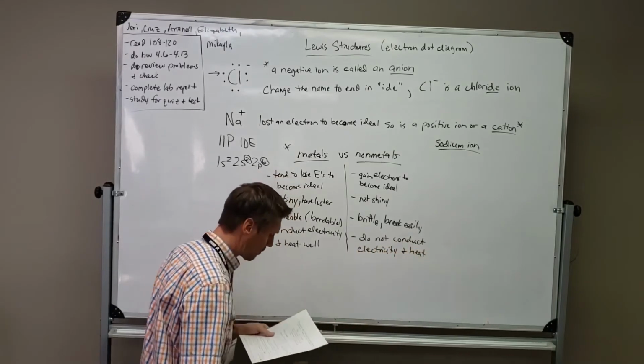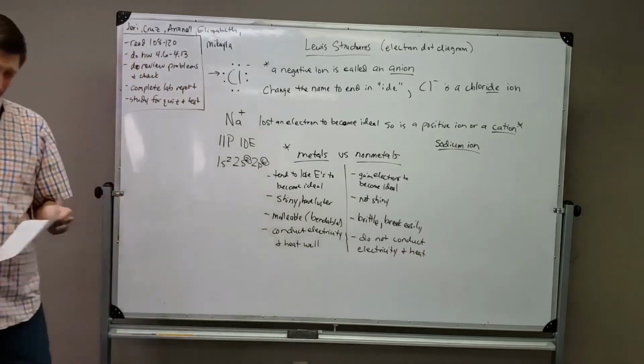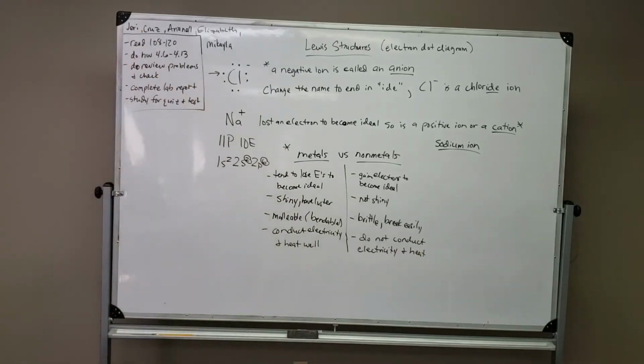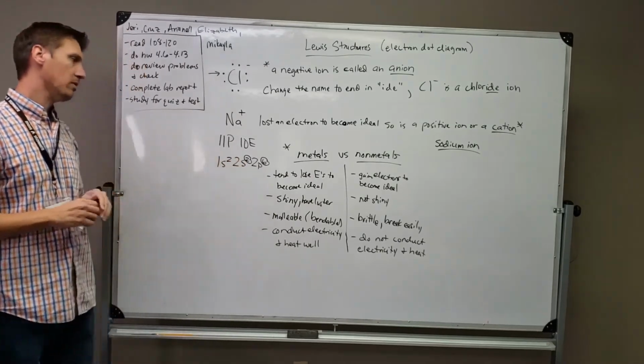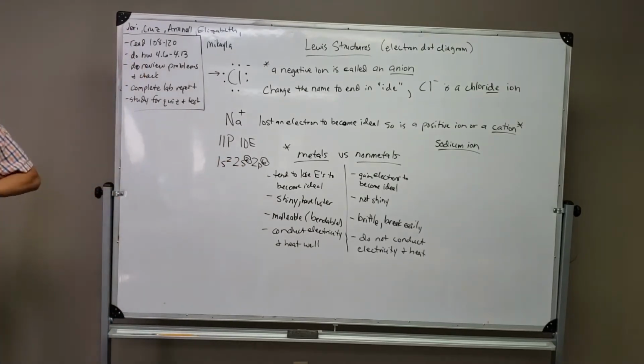All right, so those are just some of the properties, some of the characteristics to distinguish between metals and nonmetals. But now you know from a chemistry point of view, metals also tend to lose electrons to become ideal, whereas nonmetals tend to gain them. All right? So make sure you know those differences just in case, hint, hint, it shows up on a test, right?